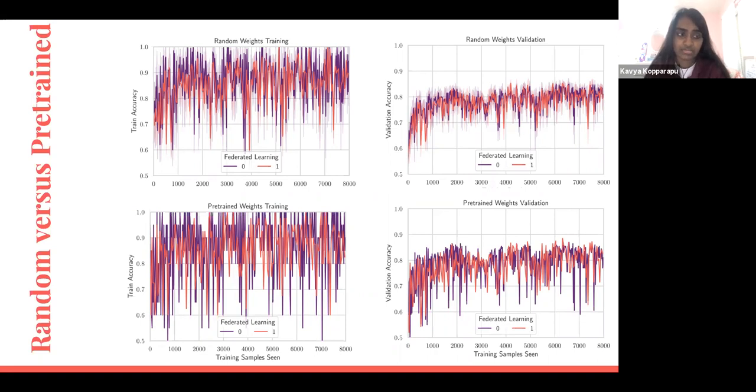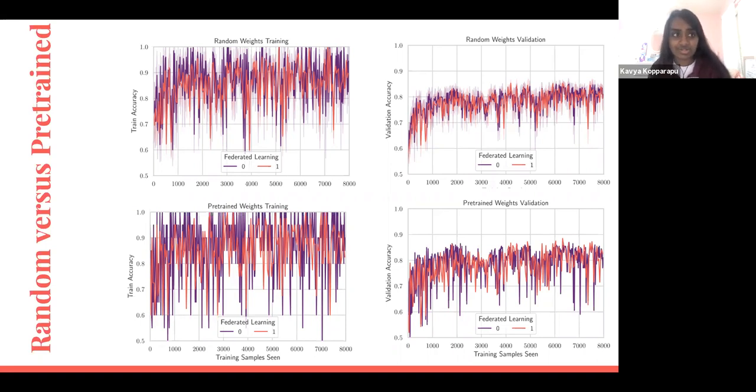The first consideration here is random versus pre-trained. In transfer learning, you can either have that final fully connected layer as completely random weights to begin with, or you can have it pre-trained on a different dataset. In our case, we pre-trained on a different part of CIFAR, which was dogs versus no dogs.